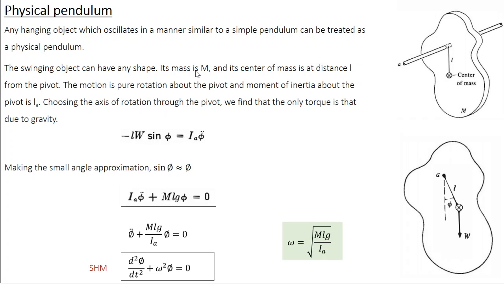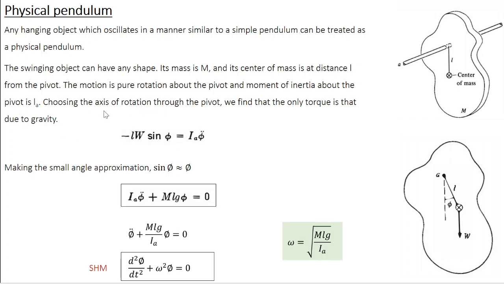We are only bothered about its mass. So let's say the center of mass is at a distance L from the pivot, which is nothing but the point of oscillation. And the motion is pure rotation about the pivot, and the moment of inertia about the pivot, I call it IA.